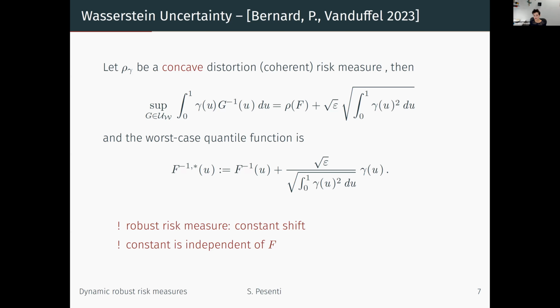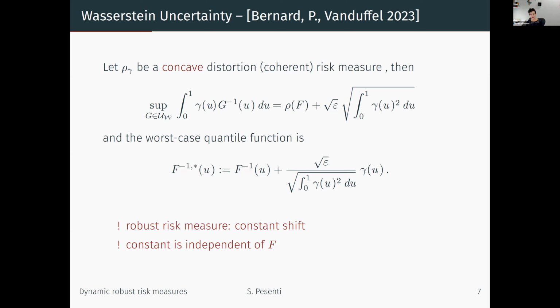This might not be satisfying if you, for example, look at your F distribution as your portfolio wealth, and you want to find the optimal strategy that minimizes the worst case risk measure, because you will get the same optimum as if you don't look at the worst case risk measure, because the worst case risk measure is just plus a constant.